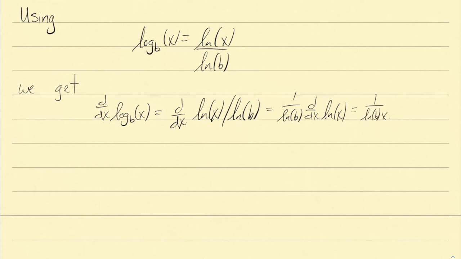Since the natural log of a number is again just a number, we can move the 1 over ln of b through the derivative, compute that the derivative of the natural log is 1 over x, and then we see that the derivative of log base b of x is simply 1 over ln b times x. So now that we know the derivatives, let's check into some antiderivatives.